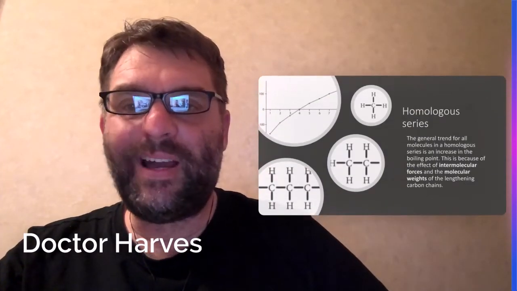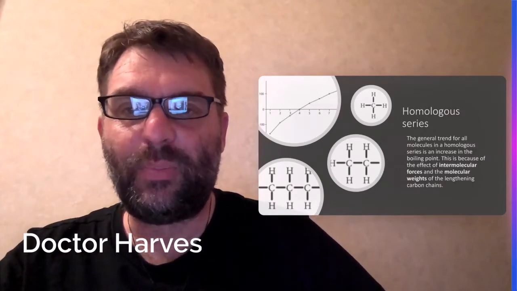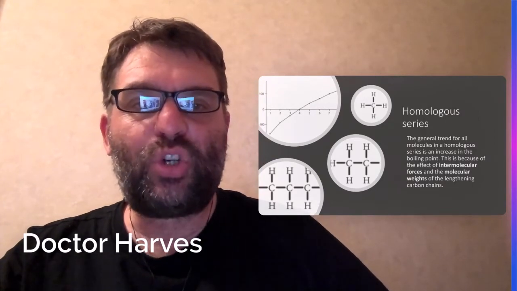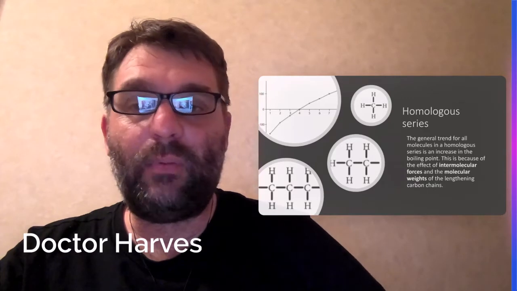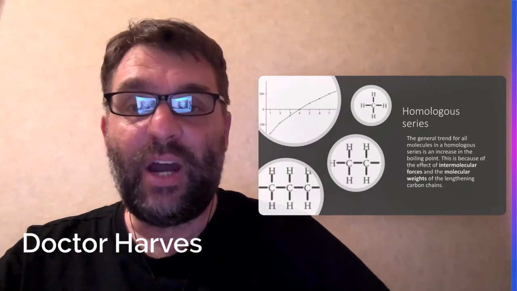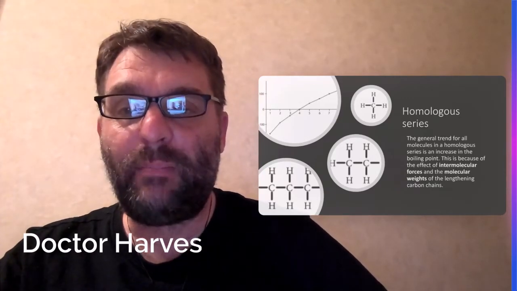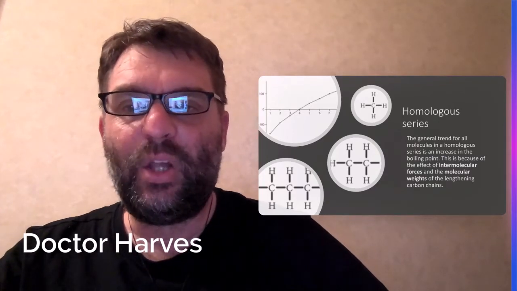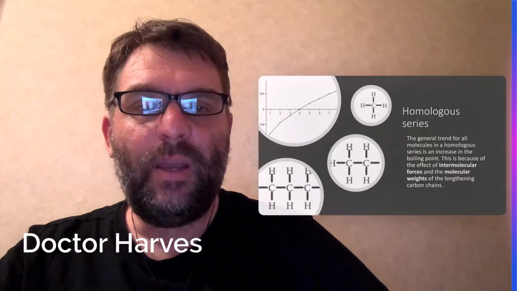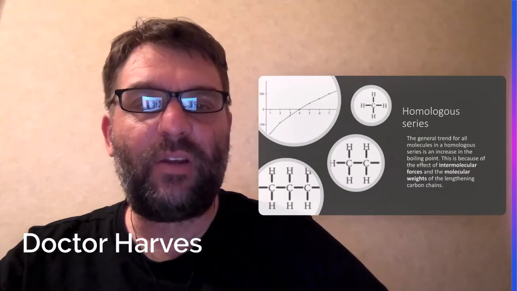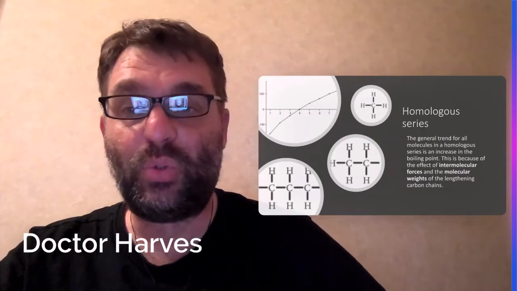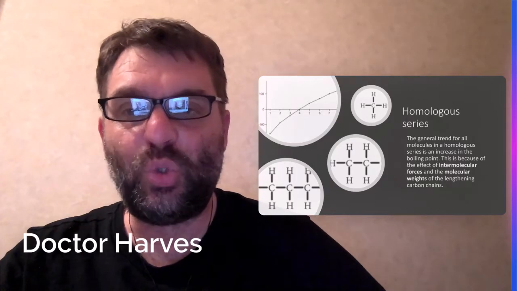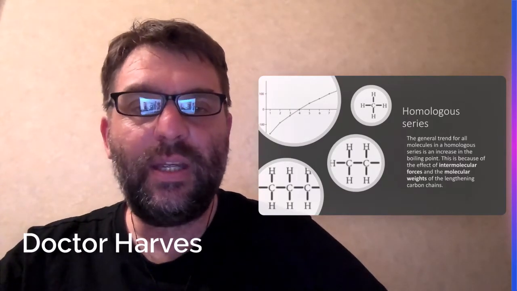So in terms of a homologous series, which we touched on at the beginning, there's a general trend for all molecules in the homologous series: an increase in boiling point and melting point, which again we'll look at when we look at the alkanes, alkenes, alcohols. This is because of the effect of intermolecular forces and molecular weights, which we'll touch on again when we look at the individual homologous series.